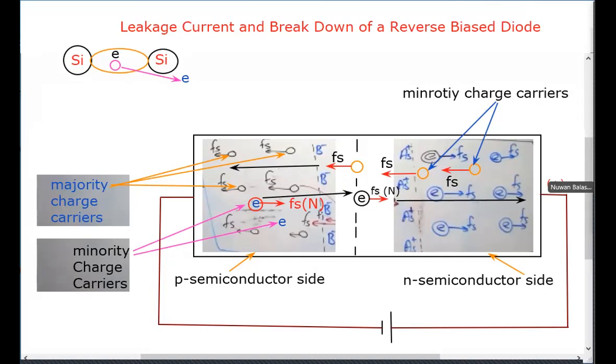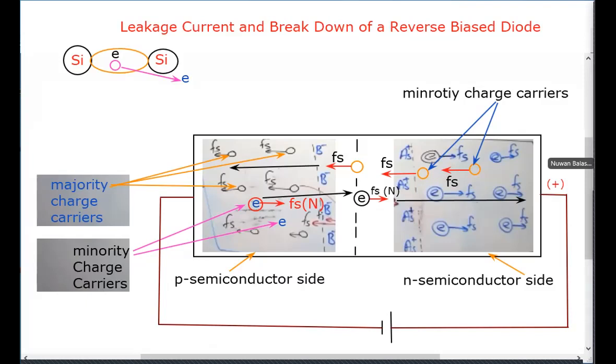Americans, sir. So minority depends on the place where they live. So there is no upset in this sentence. Let me read here. So therefore, electrons are the minority when they are in p semiconductor. Holes are the majority.